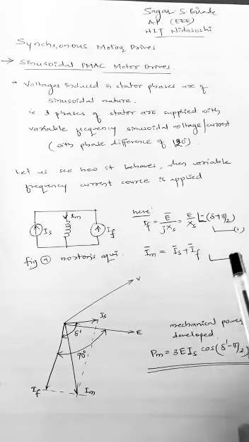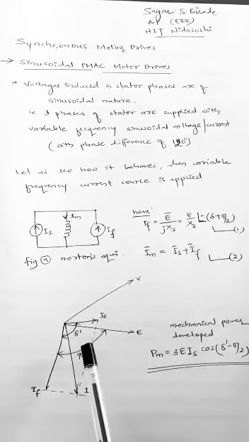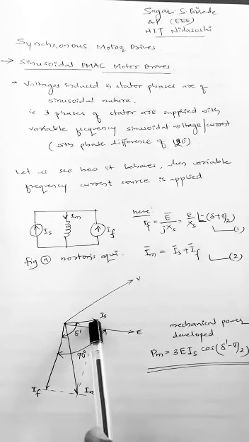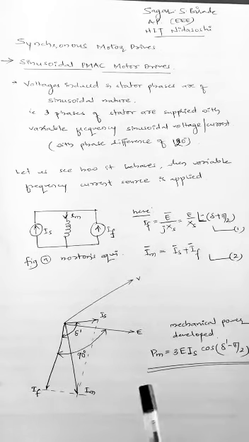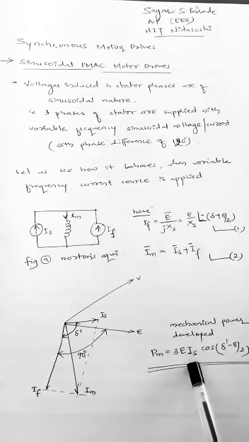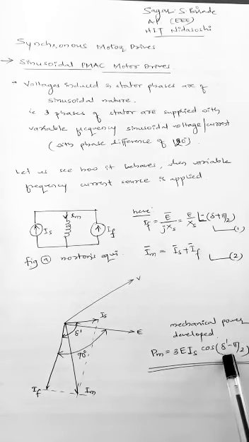I'll call this equation 2. Now we'll draw a phasor diagram where Is is taken as a reference. The mechanical power developed can be given by Pm equals 3 E Is cos of delta dash minus pi by 2.